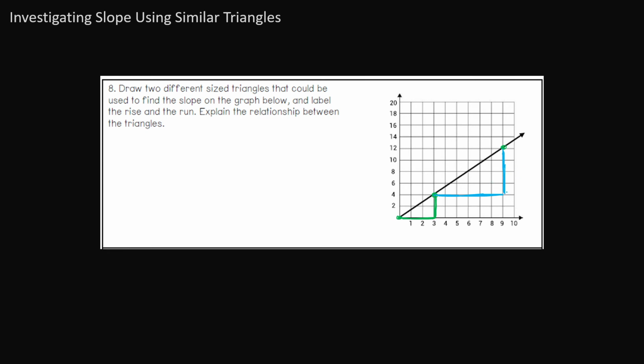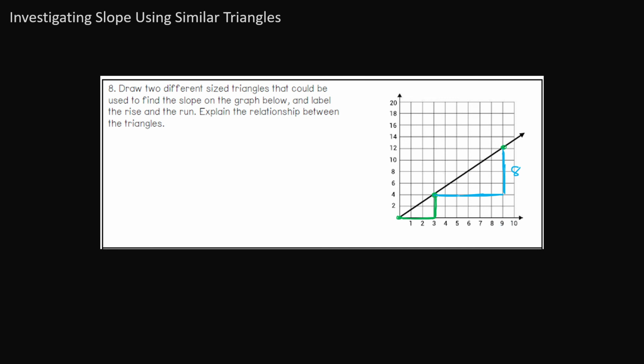For the blue triangle, the larger triangle, I see that I have a height or a rise of, well, we're counting up by 2's here. So this would be from 4 to 12. That would be a rise of 8 units. And then my change in x, or my run from left to right, looks like my intervals are going up by 1.